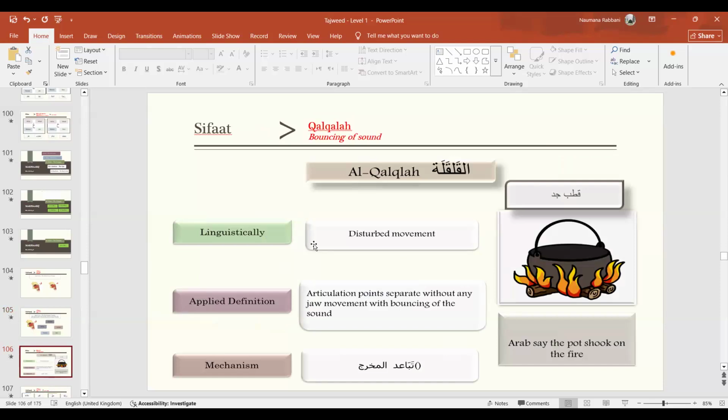So what is qalqala? Qalqala is a disturbed movement. It's like a bouncing of the sound in a way. SubhanAllah, I remember when I was going through qalqala, I asked a teacher what this phrase means, and she said it literally means that the pot shook.